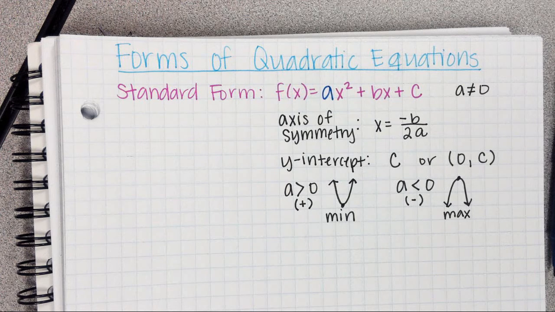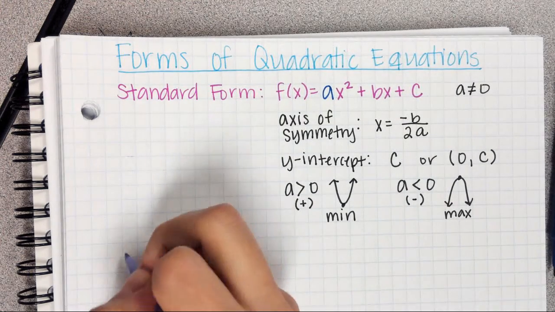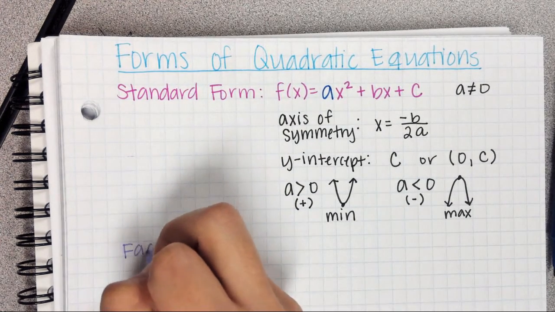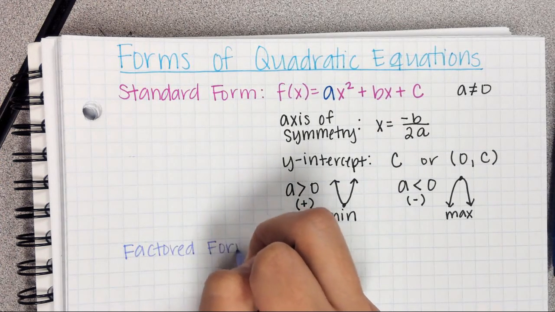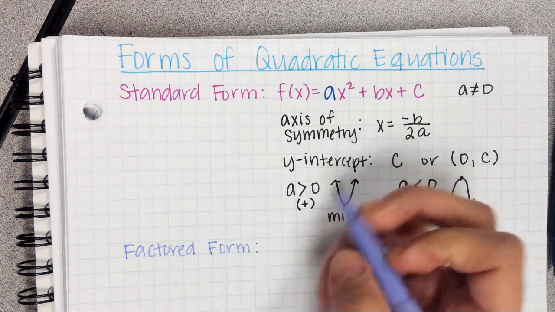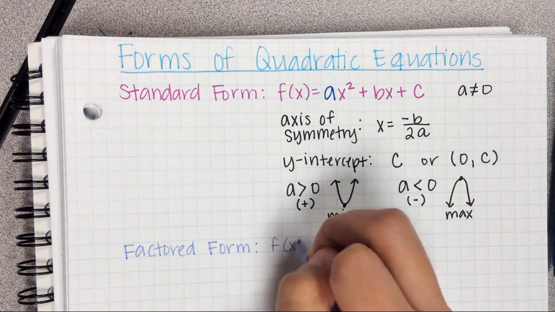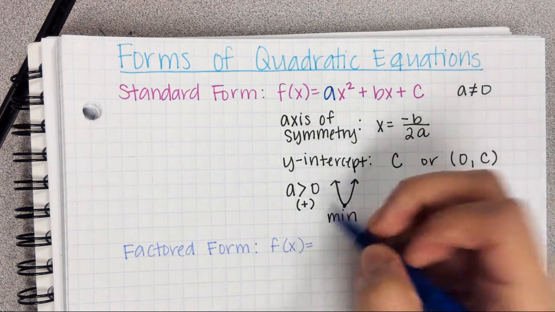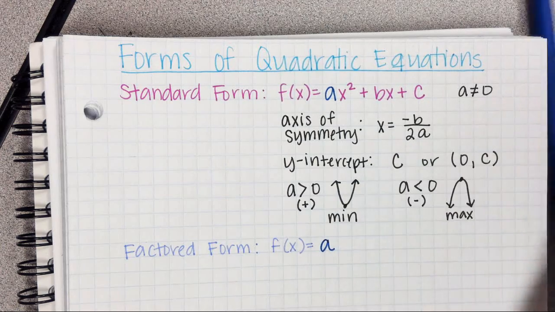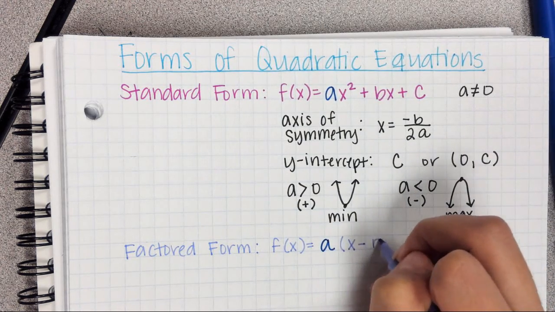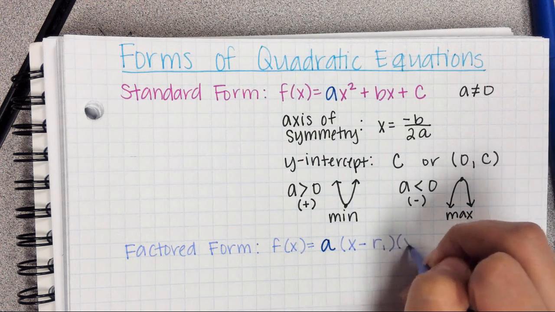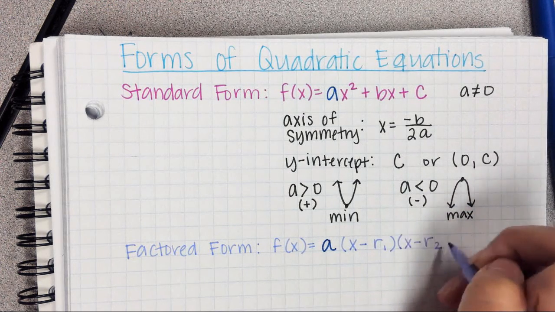The next form is factored form. Which is f of x equals a, parentheses x minus r1, parentheses x minus r2.